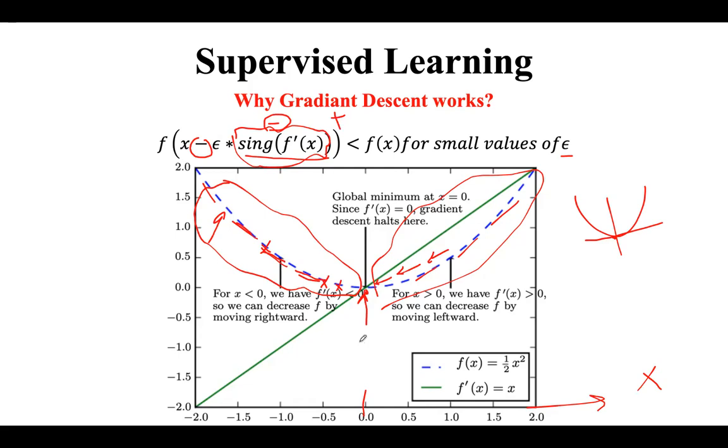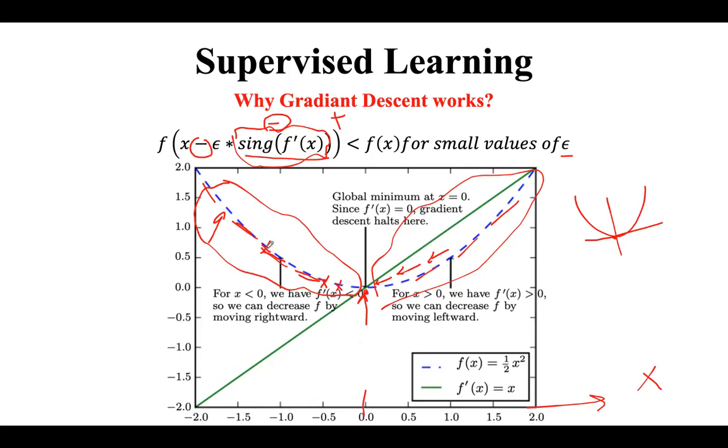As you can see, for x greater than 0, the sign of f prime x gives you a positive value, so x minus epsilon would be a smaller number, because it's decreasing based on f equals x squared. For x below 0, the sign of f prime x always gives you a negative value, so negative minus negative would be x plus epsilon.